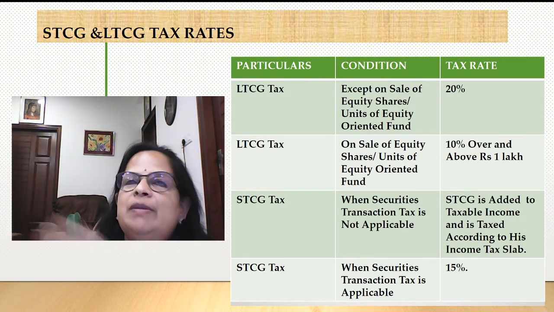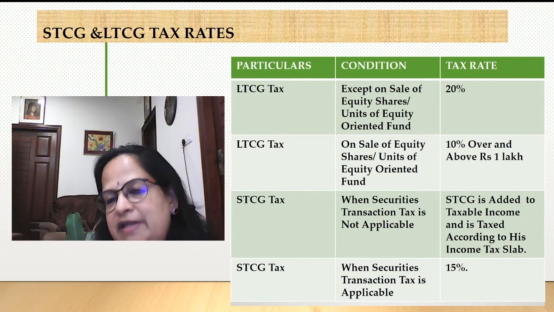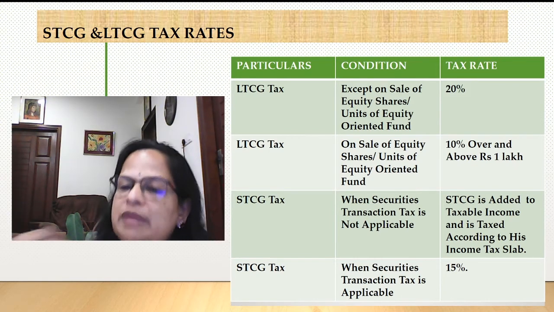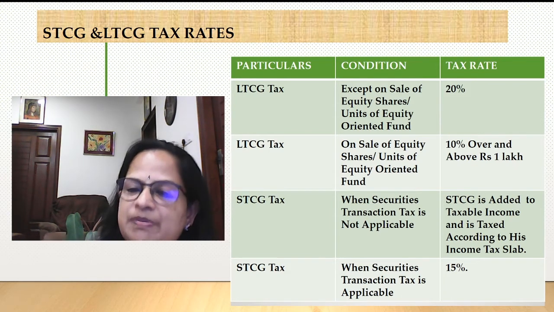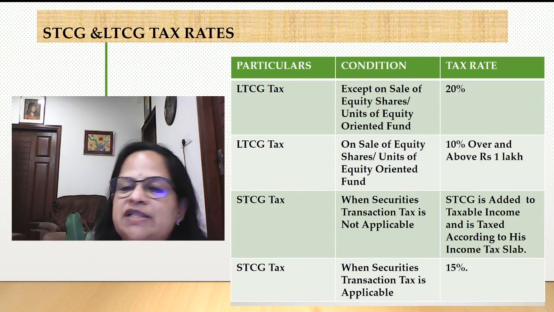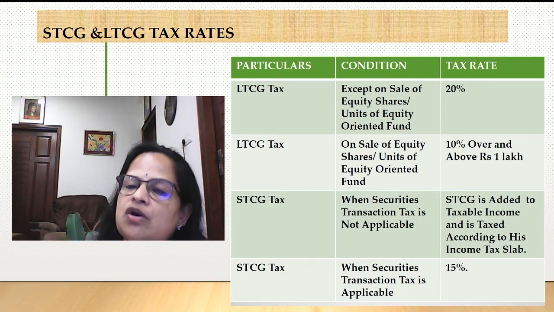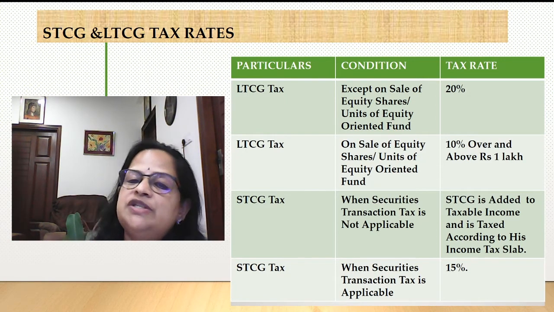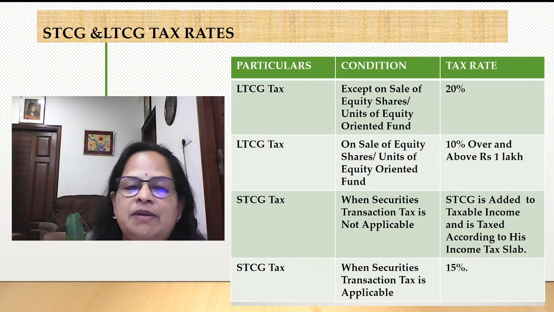If my tax liability is 30%, I'll be taxed at 30%. If I'm at 20%, it will be taxed at 20%. If I'm at 10%, it will be taxed at 10%. So STCG is added to taxable income and taxed according to the income slab, when securities transaction tax is not applicable.